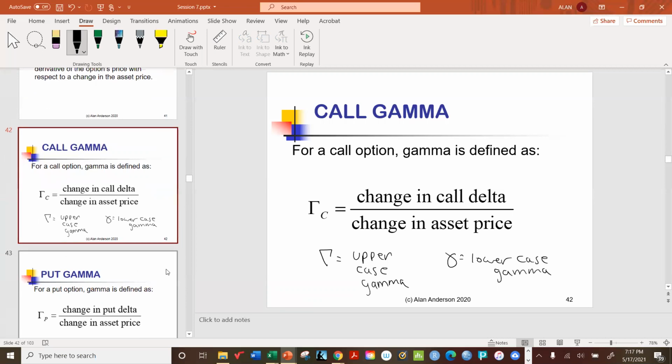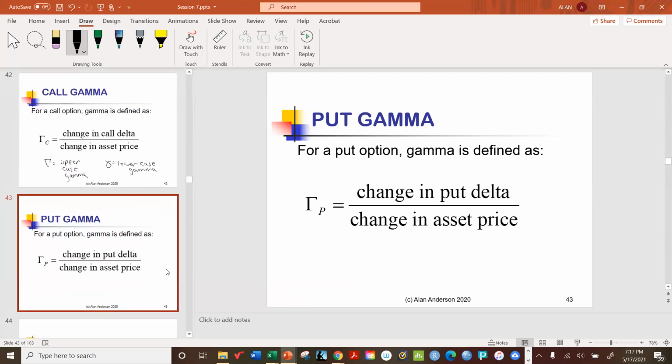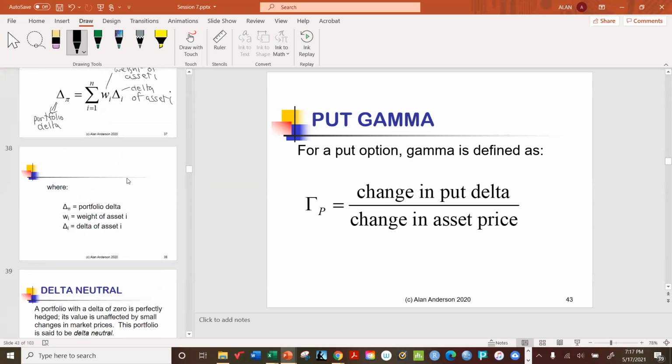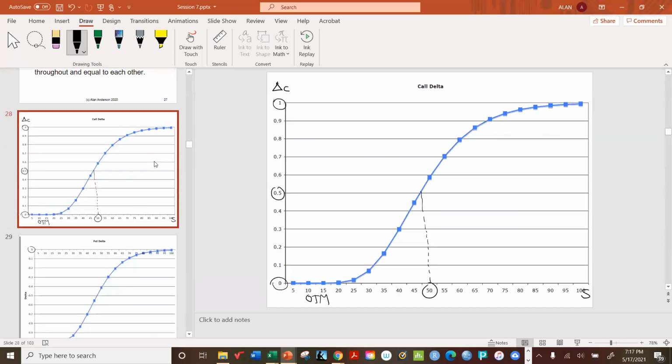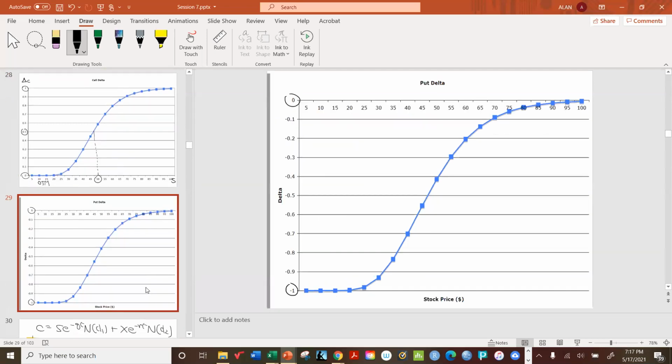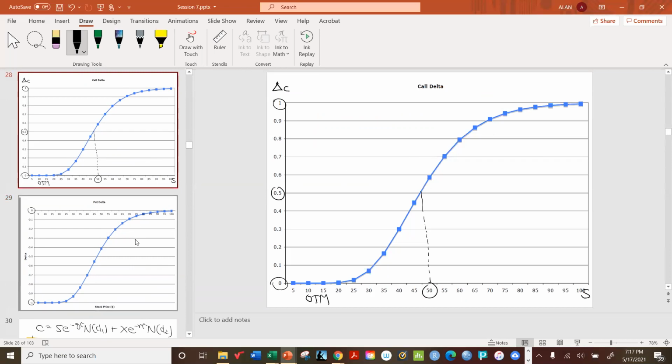Now the put gamma is exactly the same idea. It's a change in the put delta with respect to a change in the asset price. Now, here's where it gets interesting. You might think that one is positive and one is negative. But when we looked up here at these graphs, you saw that they have the same slopes. The gamma, remember, is the slope of this curve.